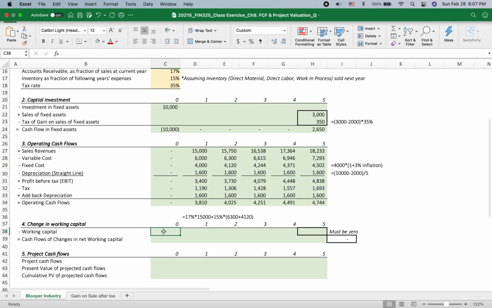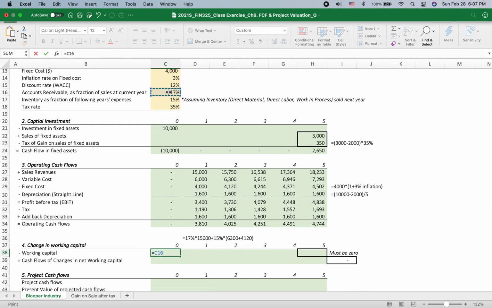So let's calculate working capital. 17% times current year sales and revenue. As of today, we don't have anything, right? By the way, we need to fix this: 17% times the revenue, and then 15% times the next year's variable cost plus the fixed cost, right?